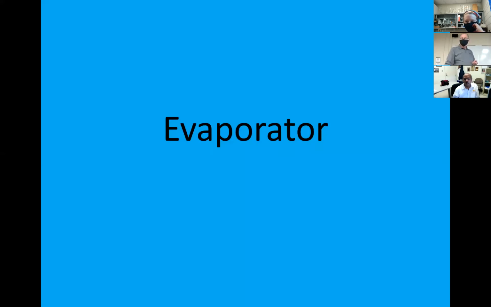Now, a few configurations on evaporators. If you think about it, you've probably all at some point walked into one of the walk-in coolers or walk-in freezers in the pilot plant. When you walk in the door, somewhere up in the corner, you're going to see a big box, and that big box is the evaporator.